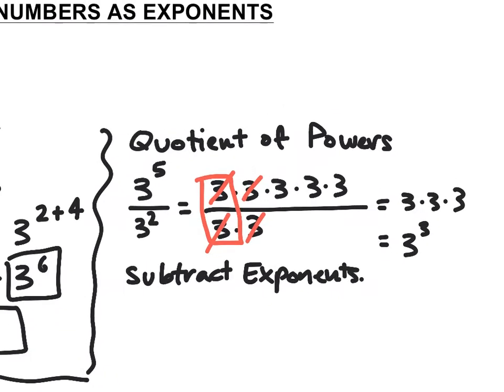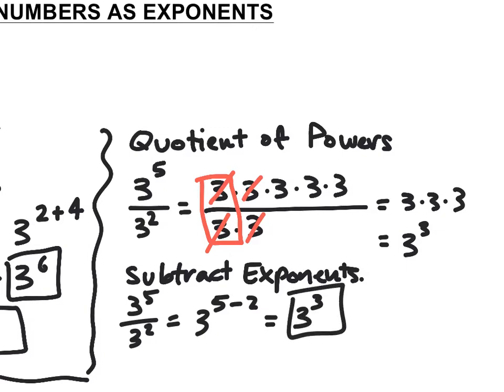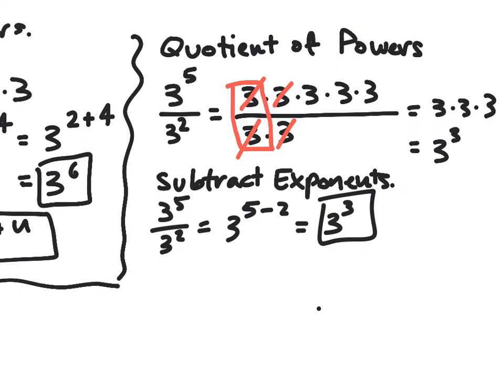We'd write it like this. If I had 3 to the 5th over 3 squared, then what I would do to simplify this is I would take 3 to the 5 minus 2 power, which would give me 3 cubed. That's how I get that. So let's write a rule for this.